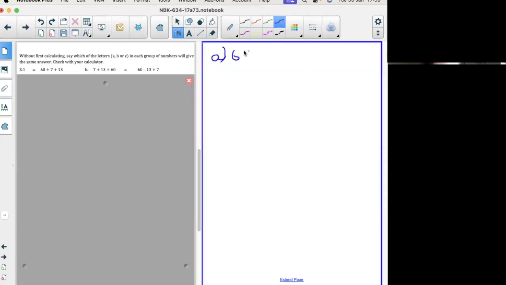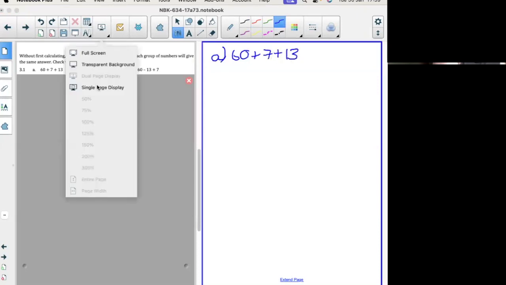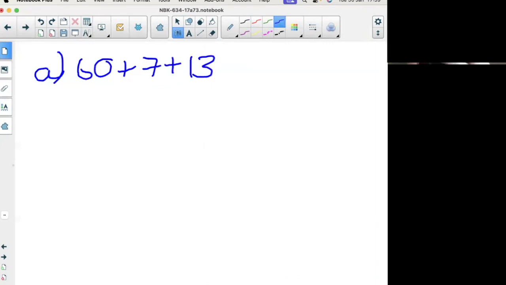I've got 60 plus 7 plus 13. What this is saying to you, and I love what Brianna is saying, is that the easiest thing for me to start with is to leave the 60 where it is for now.